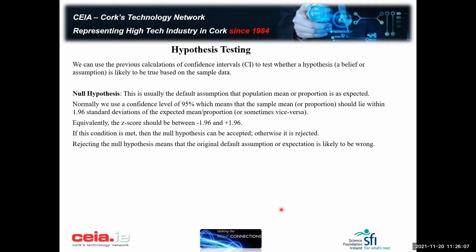Equivalent to that, you can say that the Z score should be between minus 1.96 and plus 1.96. Again, that's the Z score equivalent of the empirical rule. If you do meet that condition, then you can accept the null hypothesis. Otherwise, you reject it and accept the alternative hypothesis. Just to be clear, rejecting the null hypothesis means that your default assumption or expectation is probably wrong.